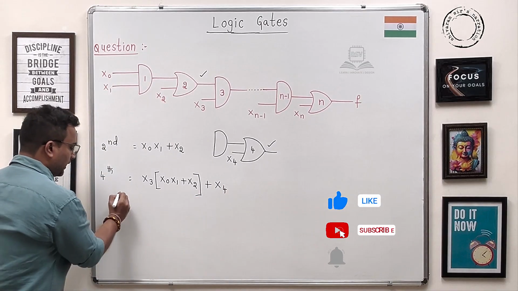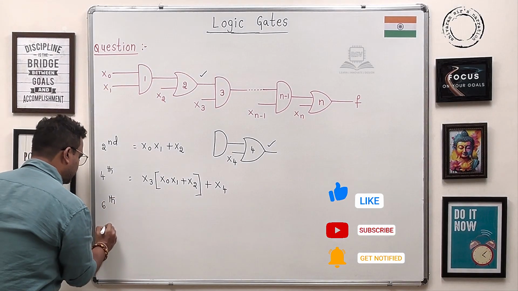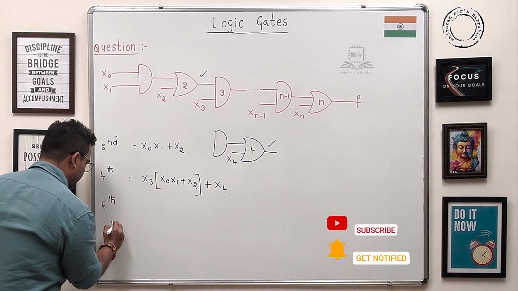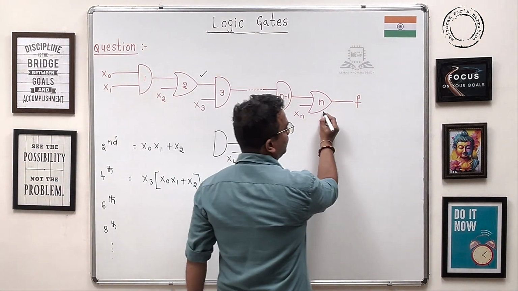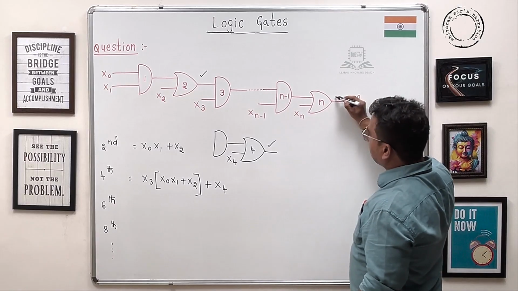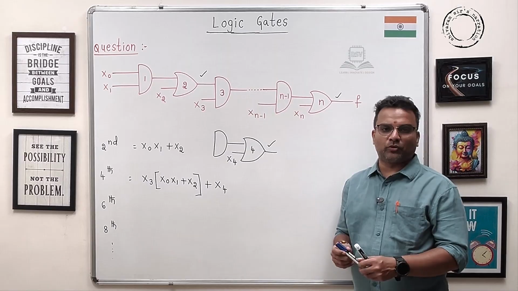This is the one, and so on. Even if you want to write the 6th gate or 8th gate, yes, just go ahead. But now here we want the nth gate expression, which is none other than the output expression only.